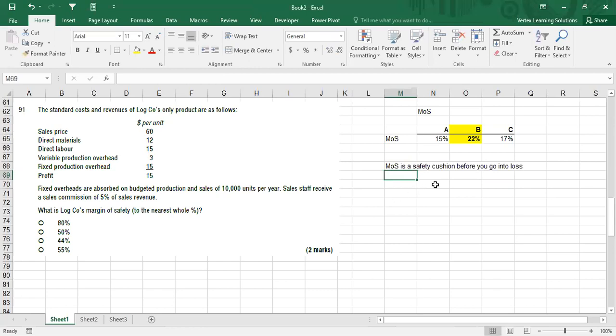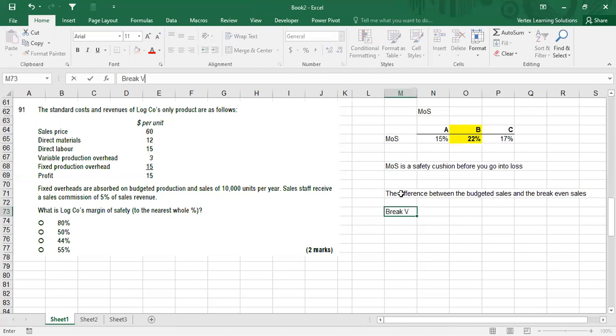For example, margin of safety is the difference between the budgeted sales and the break-even sales. Okay, let's suppose that your break-even sales are 100 units. You must sell 100 units to break even, which means no profit, no loss.